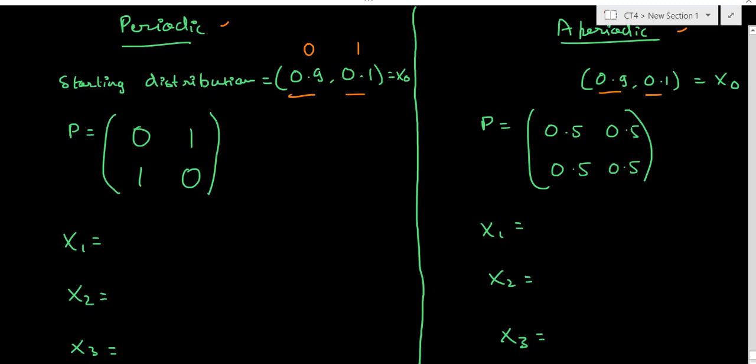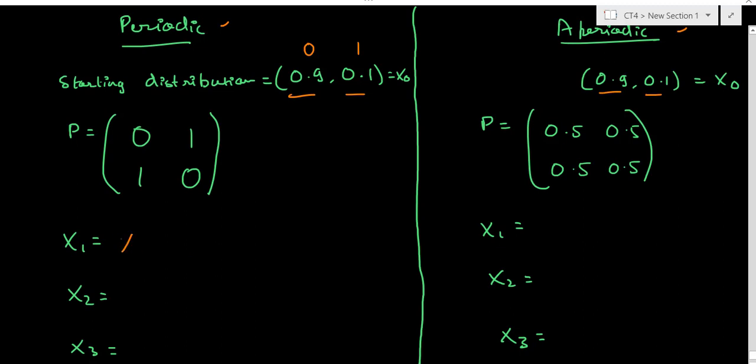So 90% of the people start in the 0th state, and 10% of the people start in the first state, or a policyholder has a 90% probability of starting in the 0th state and 0.1 probability of starting in the first state. Now I'm taking the same starting distribution, x0, and trying to compute all the subsequent distributions.